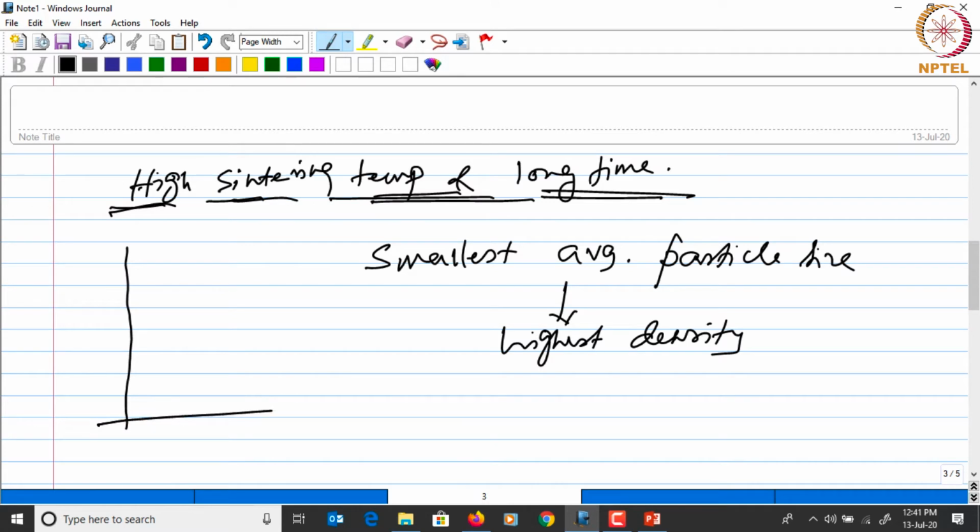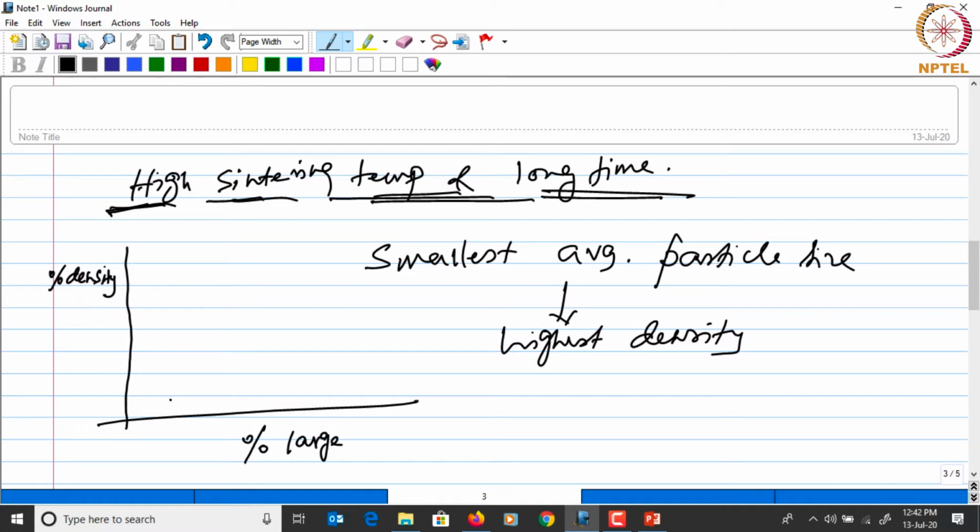In which we can plot the fractional density with the percentage of large particles. Okay, so in a condition like this, high sintering temperature and long time, you would find the highest density and shrinkage for smaller average particle size.